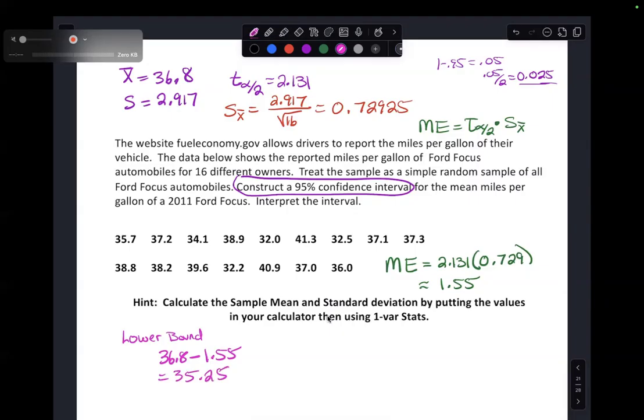Okay. Upper bound is going to be the mean plus the margin of error, which is 38.35.